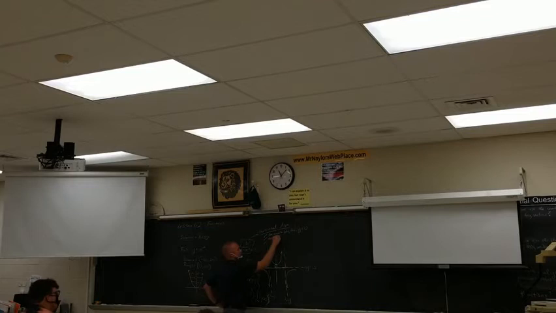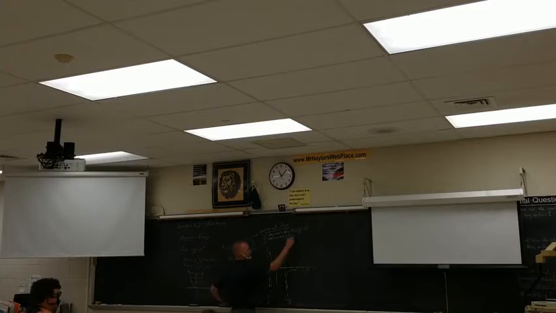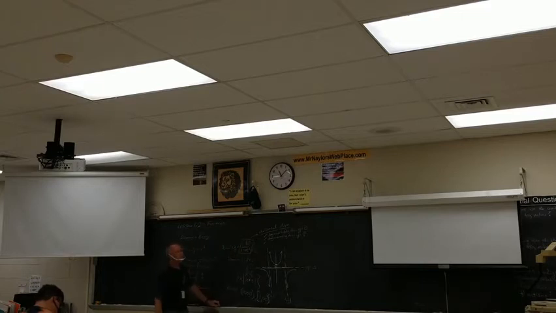Now, if the degree in the numerator is equal to the degree of the denominator, then we end up with the coefficients. We normally call that a over b. If you're wondering what a and b are, those are the coefficients. We can make up a little problem.